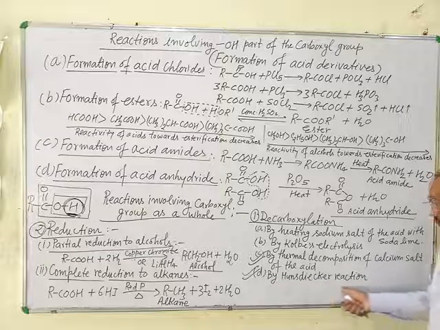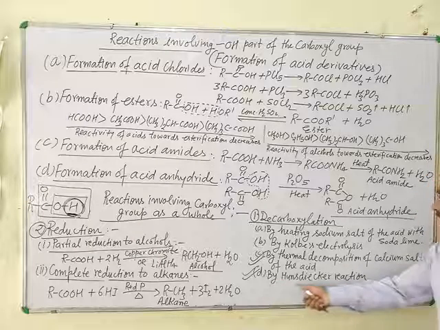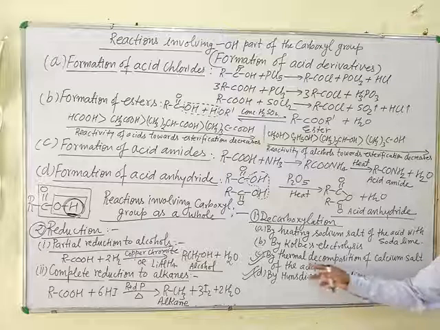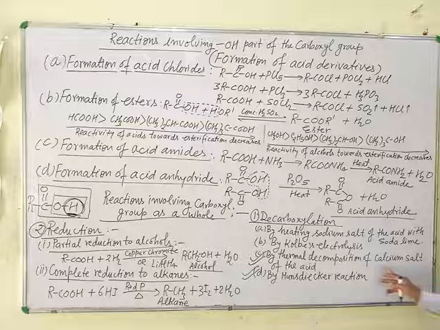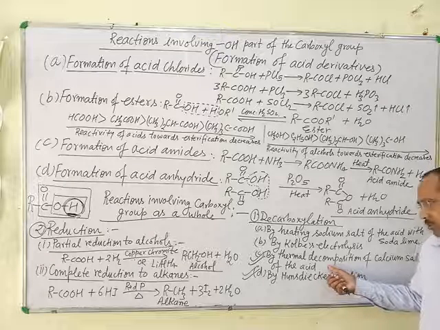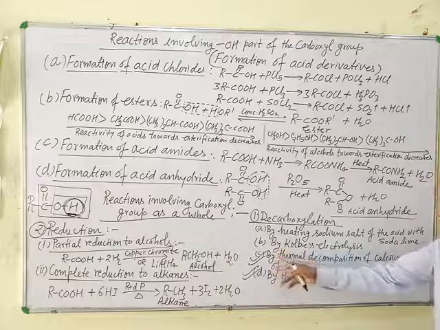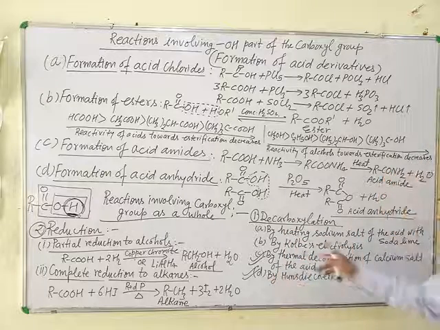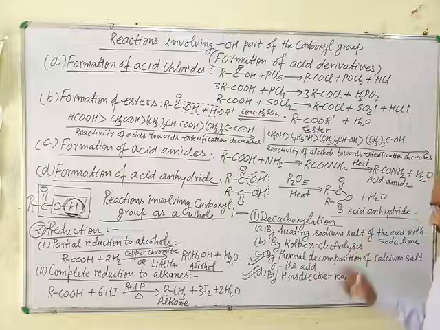One reaction was discussed during the study of haloalkanes and haloarenes, and another is a general method of preparation of aldehydes and ketones. So these two parts of decarboxylation are already discussed. The remaining two parts will be discussed in this video.